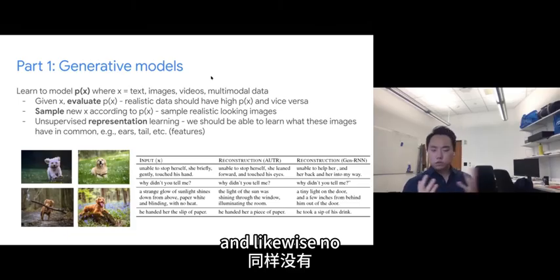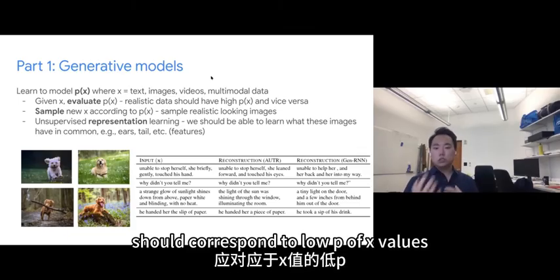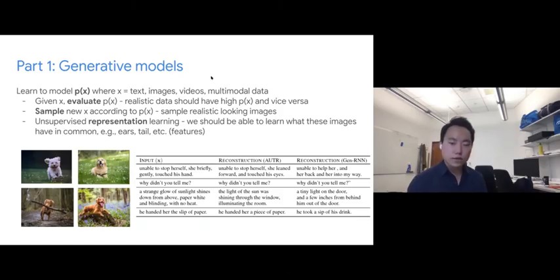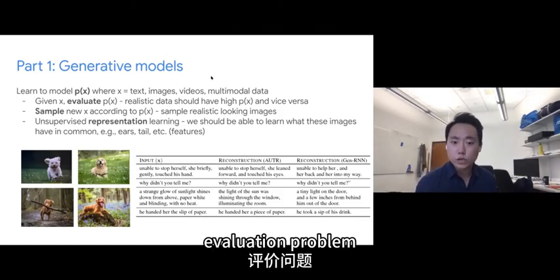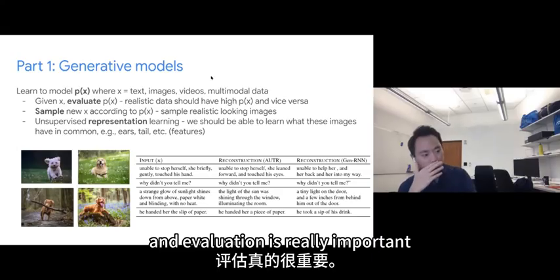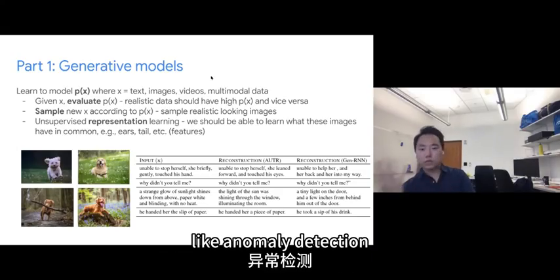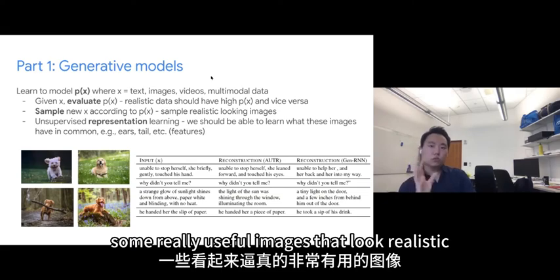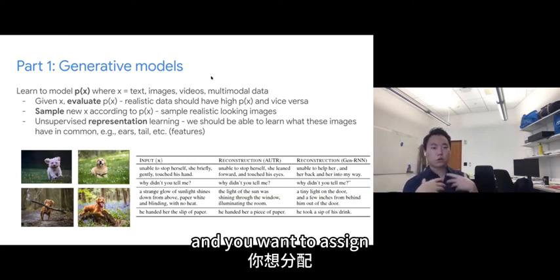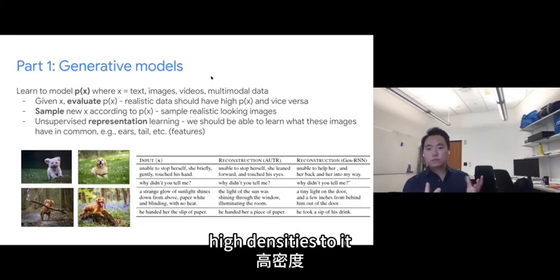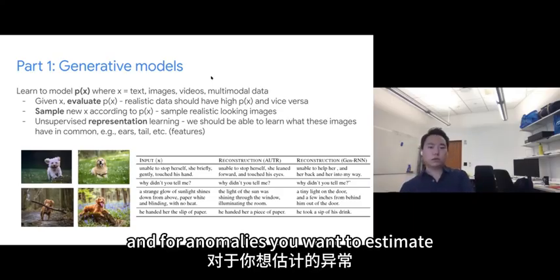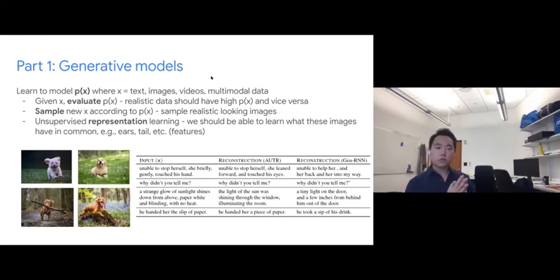And likewise, images that are not as realistic should correspond to low P of X values. That is more of the evaluation problem. And evaluation is really important because it also allows us to do things like anomaly detection, where you have some really useful images that look realistic and you want to assign high densities to them, and for anomalies, you want to estimate low densities. So that's more of the evaluation problem.